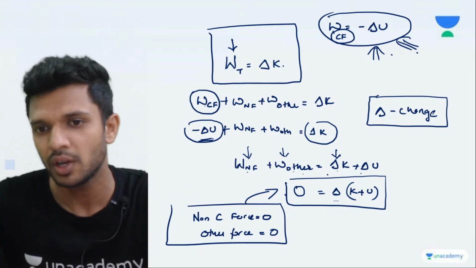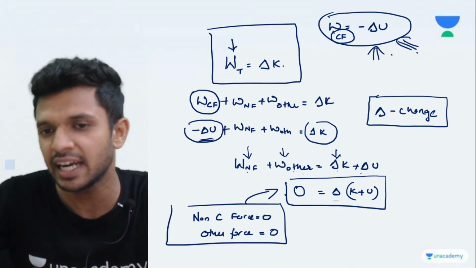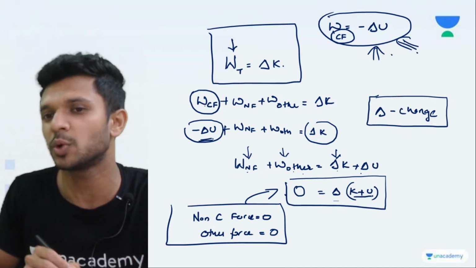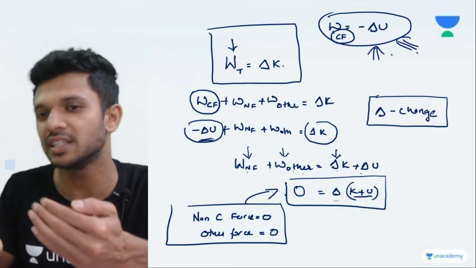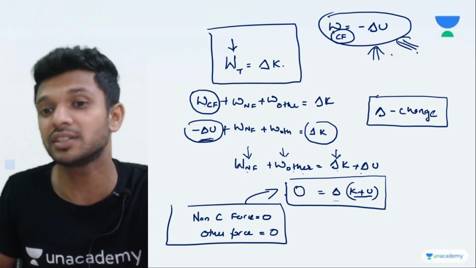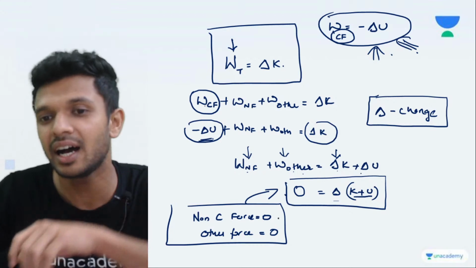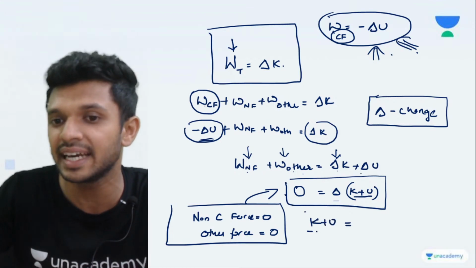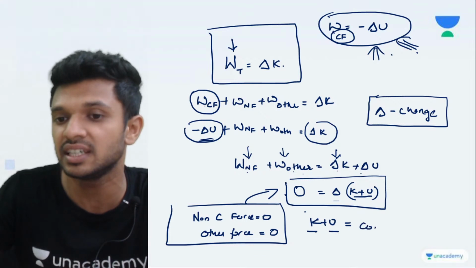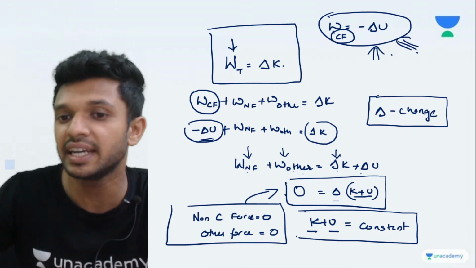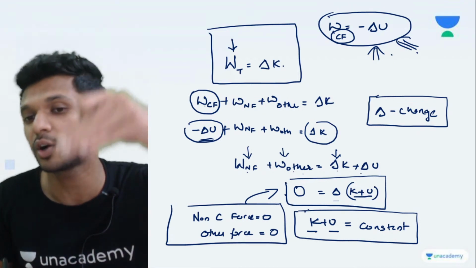Now, if the left hand side of the equation is 0, which simply means change in the summation of kinetic plus potential energy is equal to 0. When change is 0, what does it mean? It simply means the summation of kinetic energy plus potential energy is a constant.